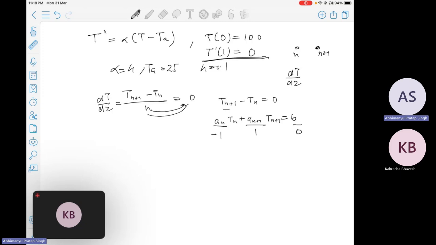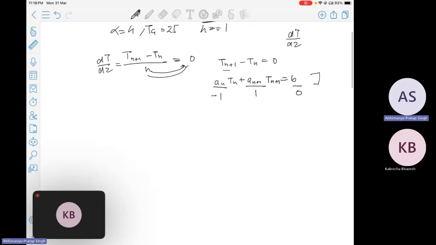Based on what is given in the question, they want us to represent it in this format. So if we do this, then the values of the coefficients are An plus 1 equal to 1, An equal to minus 1, and b as 0. If you put those values in there, you get the correct answers.